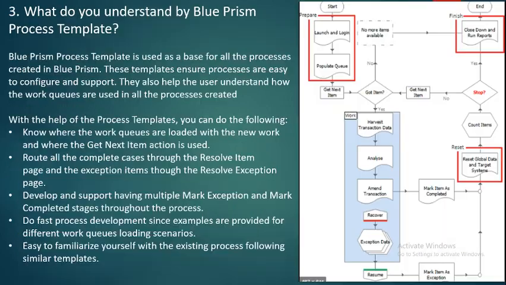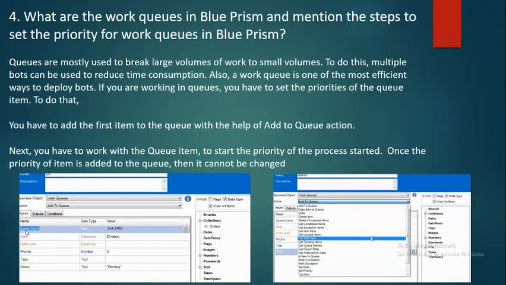As I was briefly explaining about the queues, the first one is the load queue, the second one is the work queue, and the final one is the finish queue, or you can rename it, like if you are sending emails, then you can call it the sending email queue, or those kinds of things. So this is where the same question arises.